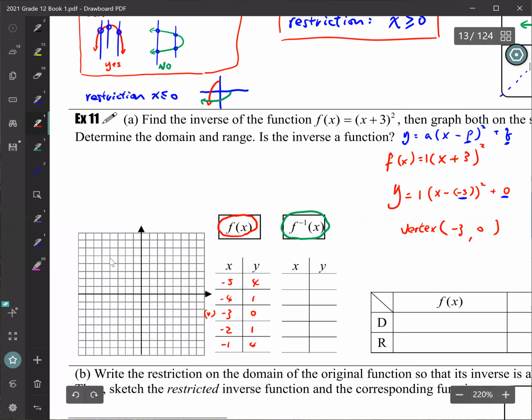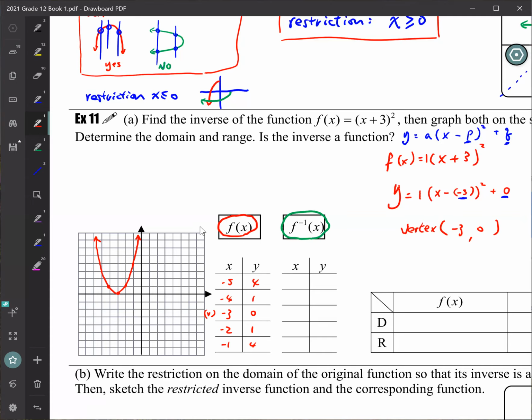Please raise your hand if you finish the graph. -3, 0. So this time it opens up, right?